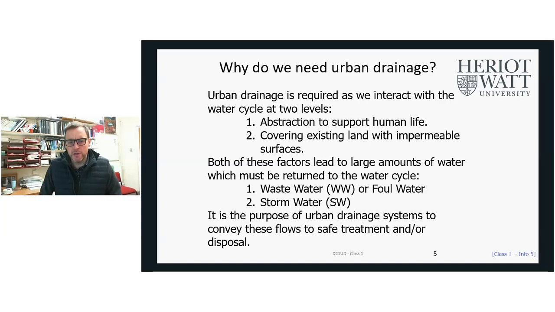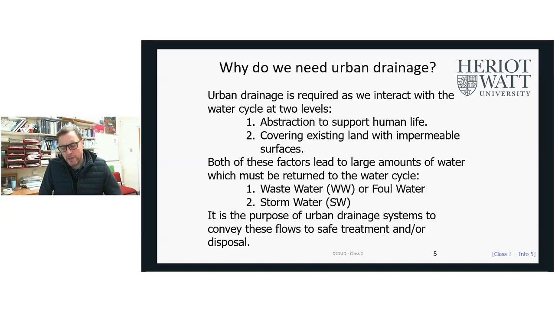So why do we need urban drainage systems? A simple way of looking at this is that in the natural environment, a water cycle exists, and wherever we develop an area, that development interrupts the water cycle. You'll be familiar with the water cycle, where the rain falls from the clouds onto the ground, it runs off and evaporates either from the ground or from watercourses or from the sea, goes back up, new clouds are formed, and this cycle repeats.